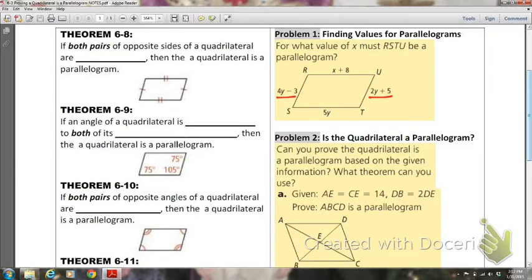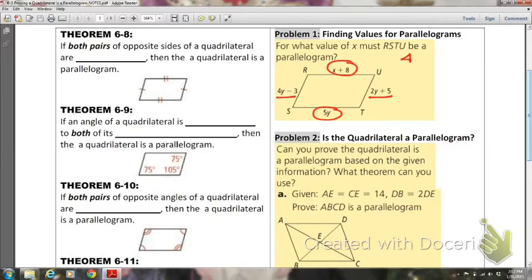And then the other pair of opposite sides are x plus 8 and 5y. Those would have to be congruent for it to be a parallelogram. So first use the left and right sides because they both have y's in them. We can set those equal to each other and solve for y. Then substitute the y in to find the value of x that would make it a parallelogram.